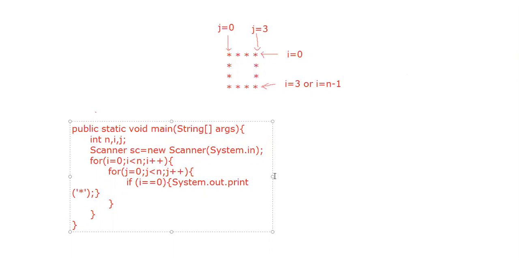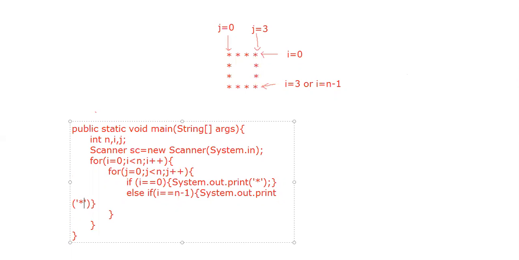I believe this point is clear. Similarly, it will not be if, it will be else if I is equal to n minus 1, we will do System.out.print, and we have to print a star again. What will be the next condition to print the star?